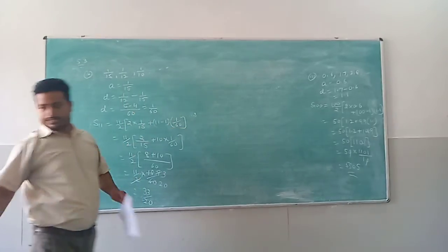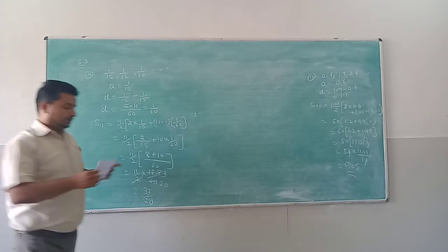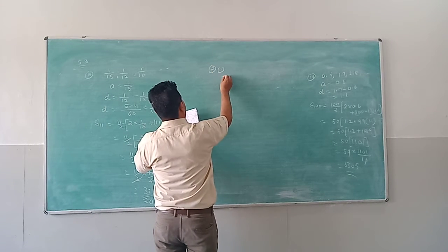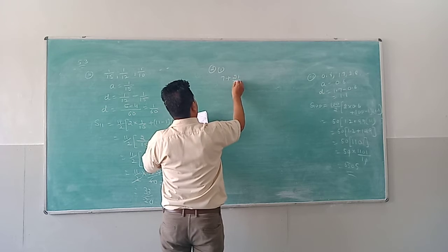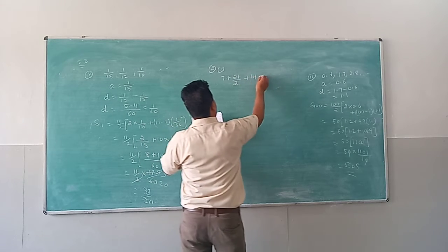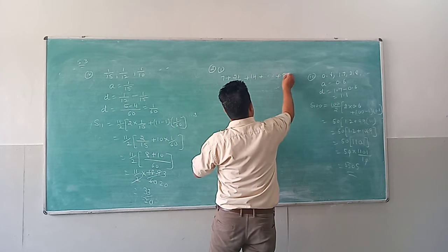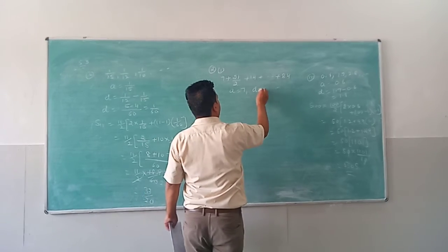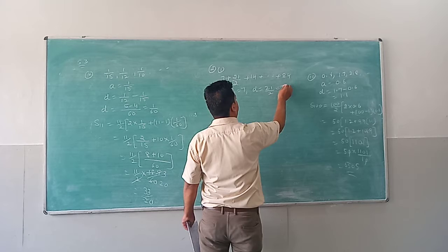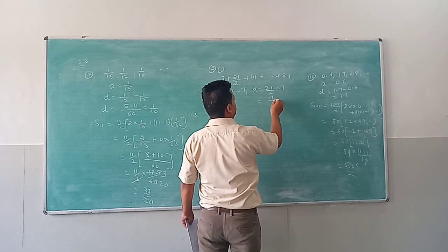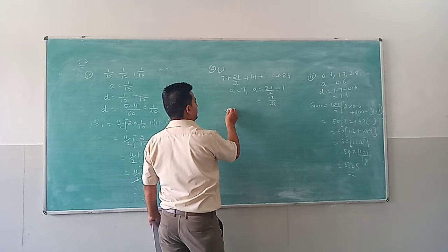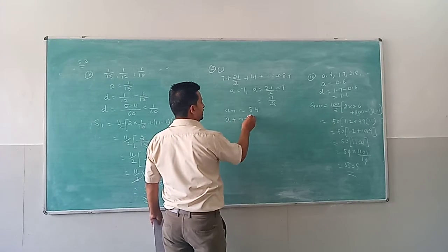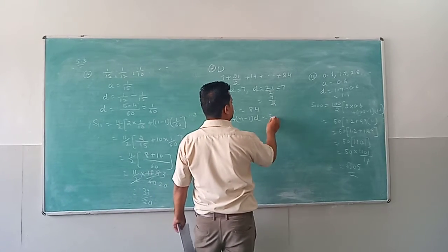In question number 2, find the sum of the AP. Here the AP is 7, 10 and a half, 14, and the last term of the AP is 84. In this AP, a is 7, d is a2 minus a1, 14 minus 7, so 7 by 2, which is 3.5, and an is 84. an is a plus n minus 1 into d, which is 84.